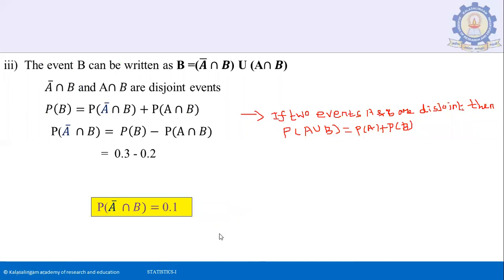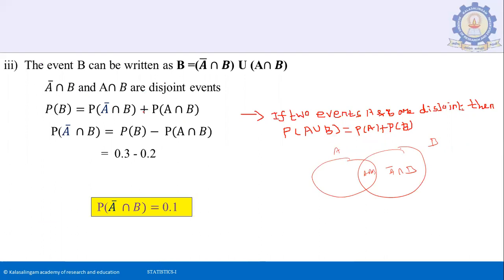Here, we can express the event B as a union of two disjoint events. So this is our A, this is our B, this is A intersection B, this is A bar intersection B. So B can be written as A intersection B union A bar intersection B, and also they are disjoint.